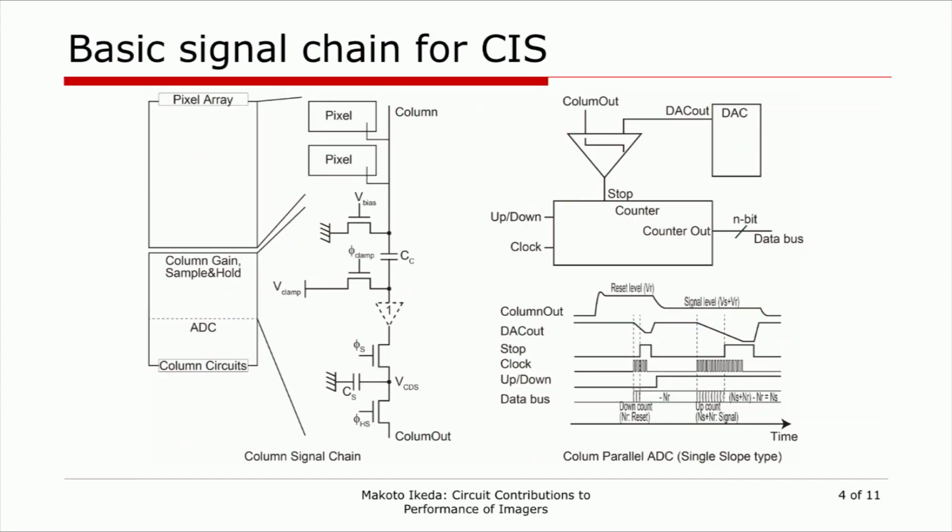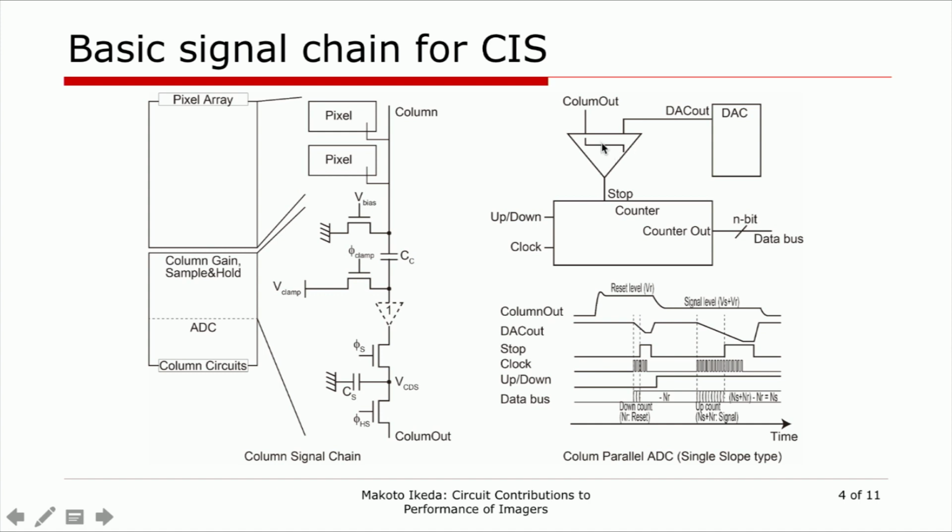The signal will be transferred to the column and carried out through so-called correlated double sampling. Just storing the reset level here, and then the signal is read out, so that it automatically subtracts the reset level to eliminate the non-ideality of the signals. The signal is then fed into column parallel A/D converters. This shows the simple schematic diagram of a single slope type A/D converter. So the signal is compared with a reference signal, which is a ramp signal.